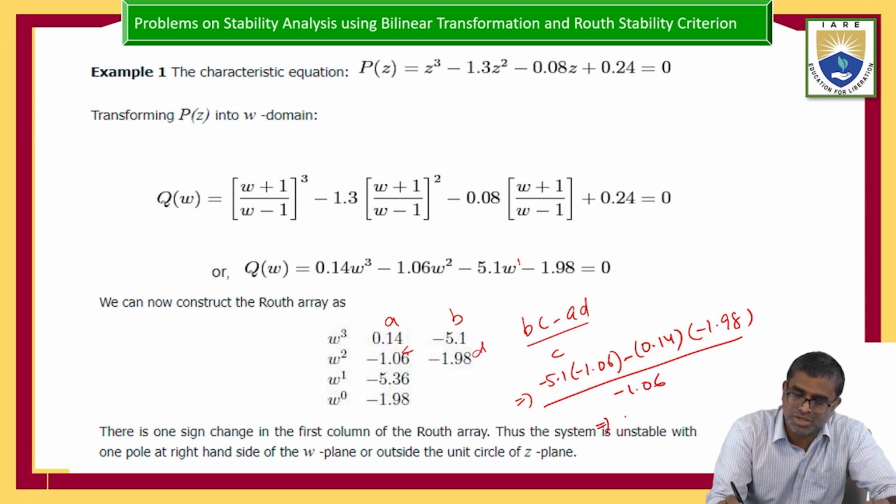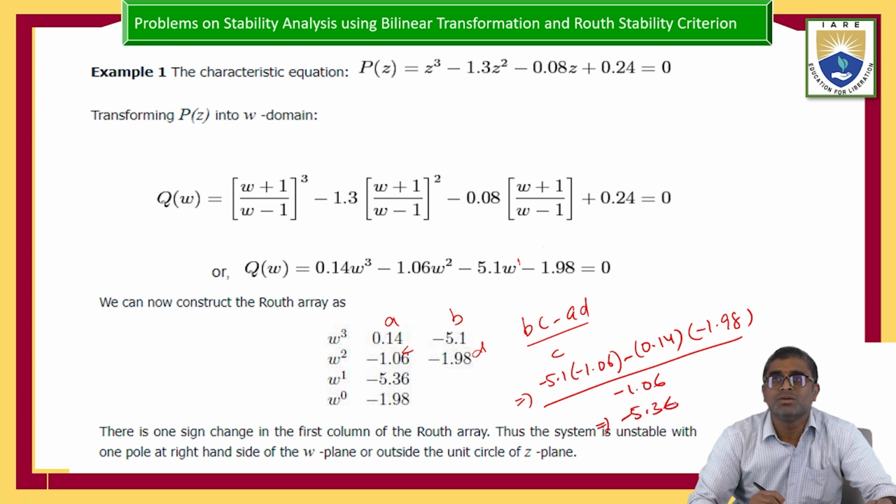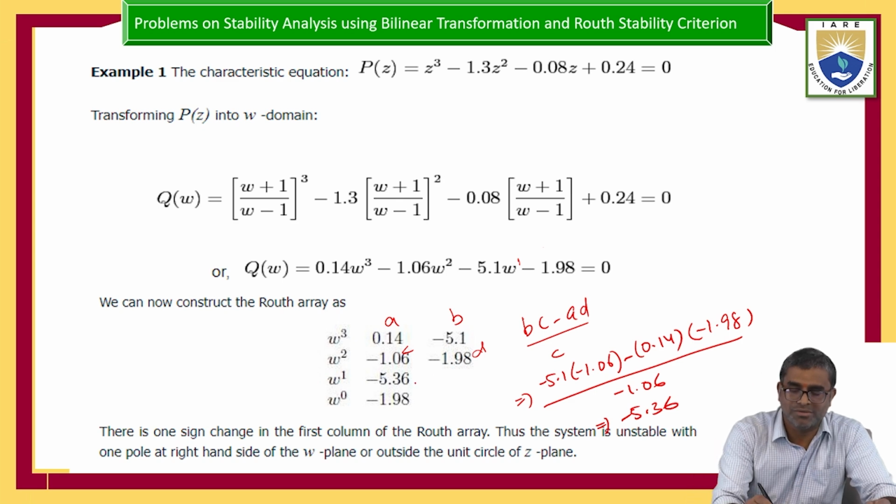If you solve this, we get minus 5.36. This is the omega 1 value.